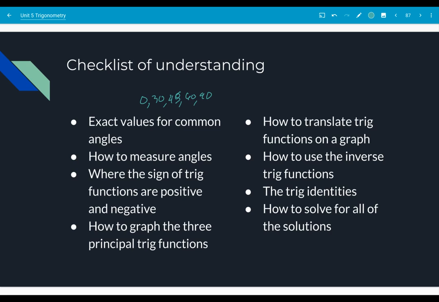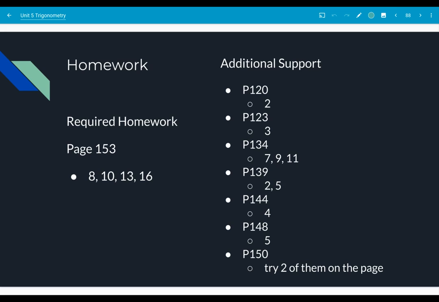Know how to graph the three principal trig functions for two periods, so from negative 2 pi to positive 2 pi for sine, cosine, and tangent. How to translate those functions around on a graph. How to utilize the inverse of trig functions. How to utilize trig identities. And then how to solve for all of the solutions.